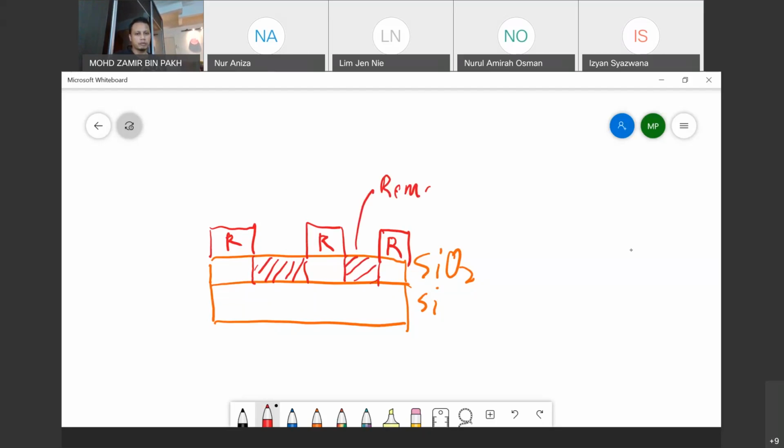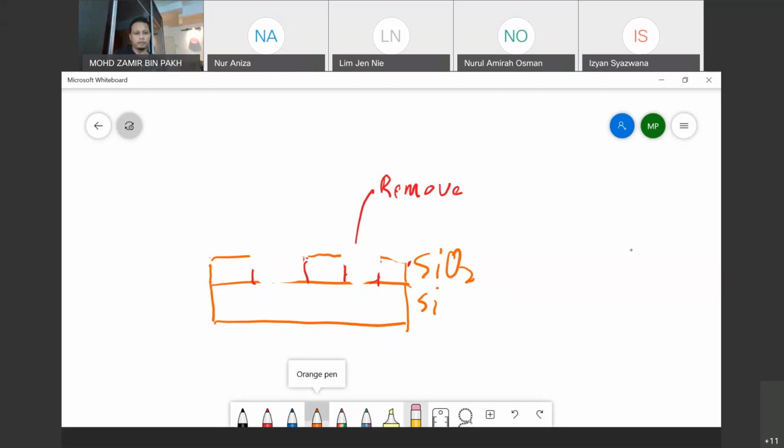Then only you can remove the resist. Remove the resist and then remove this part. Then you're going to be left with pattern SiO2. So you still have to have the resist.